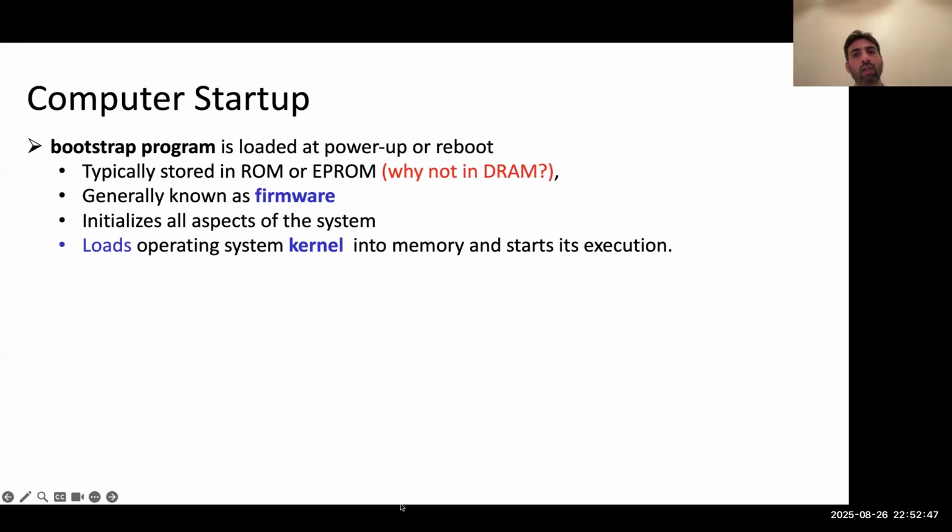So if you put the bootstrap program in DRAM, when you reboot your machine, the bootstrap program will already be gone, and then you cannot start your machine. That's why you put it in read-only memory, which is also non-volatile, right? Otherwise, you will not be able to reboot your machine.